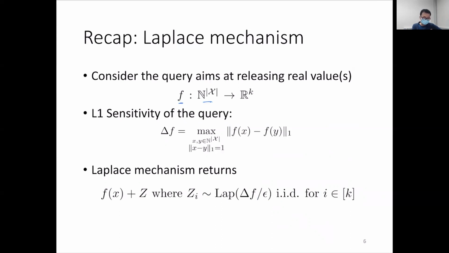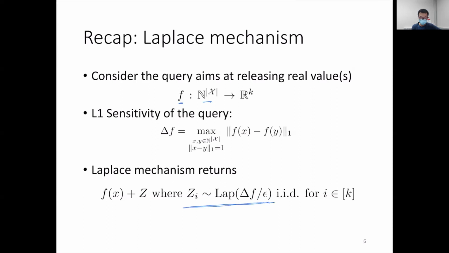And when we have the L1 sensitivity, the Laplace mechanism simply adds noise to release an approximate value of this query f of x, by adding Laplace noise to every coordinate with its scale parameter equal to the sensitivity over the desired epsilon parameter.